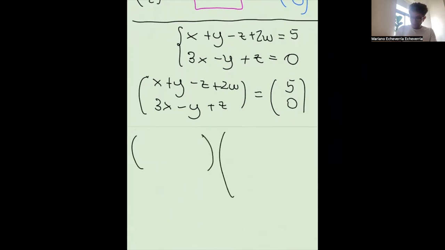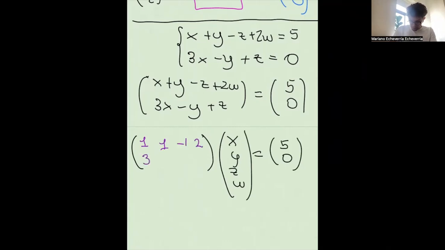It's just that now the variables are x, y, z, w, right? So what are the coefficients here? The entries are the coefficients multiplying each variable. So it's 1, 1, minus 1, 2, and then 3, minus 1, 1, 0.